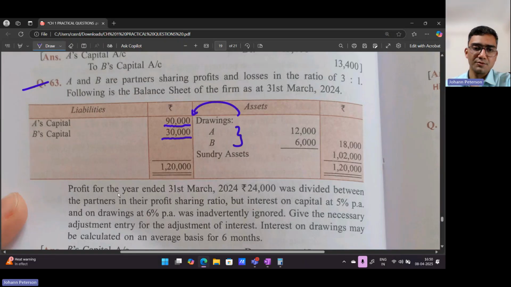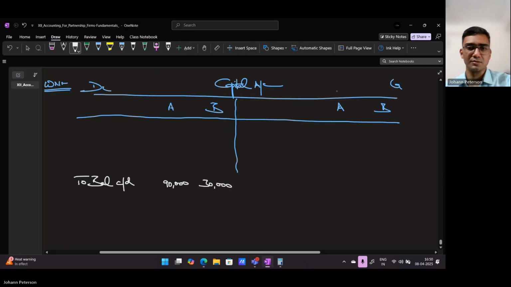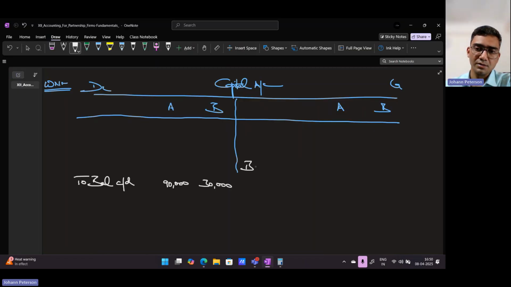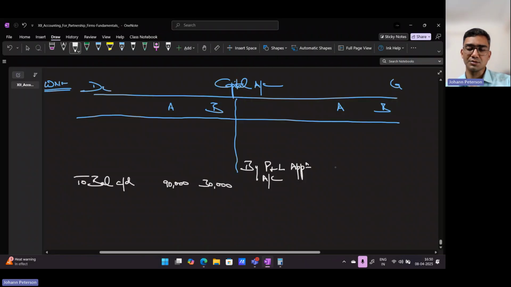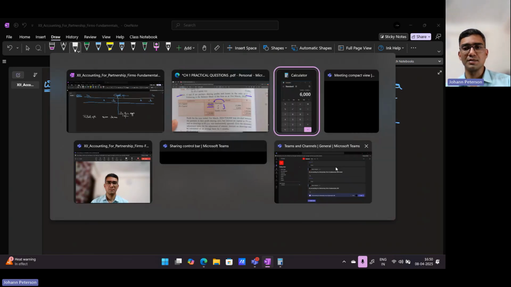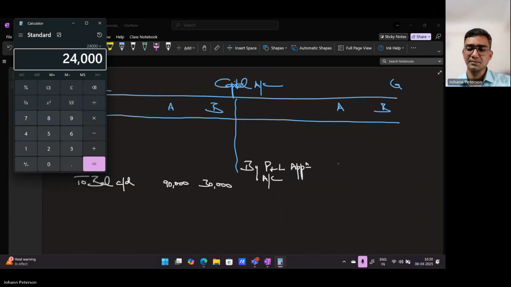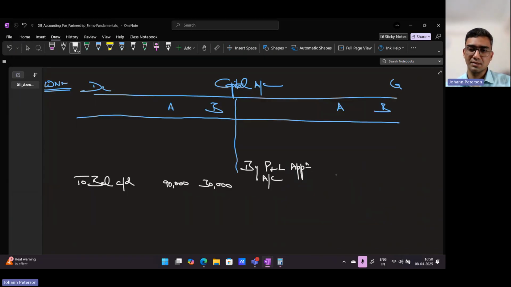Now, it says profit for the year is 24,000 and it was divided between the partners in their profit sharing ratio, which is 3:1. So this profit of 24,000 was divided between them, which is to be written on the credit side. So here I will write by P&L appropriation. Amount is 24,000 and it is divided in 3:1. So 24,000 in 3:1 will be 18,000 and 6,000.